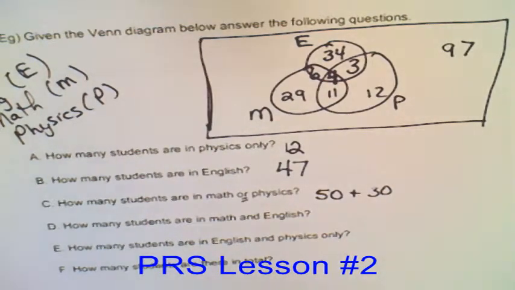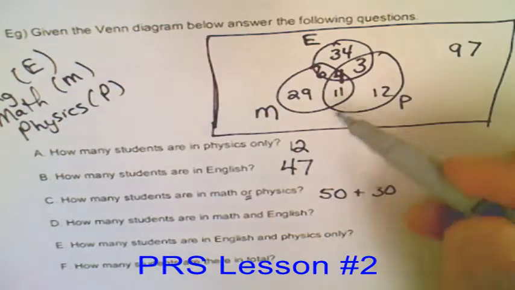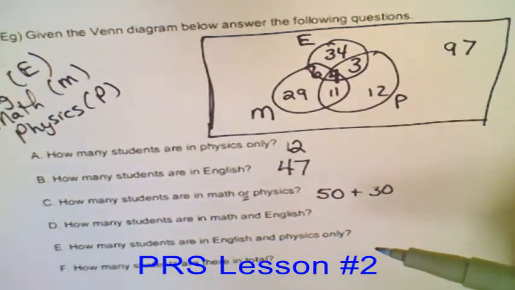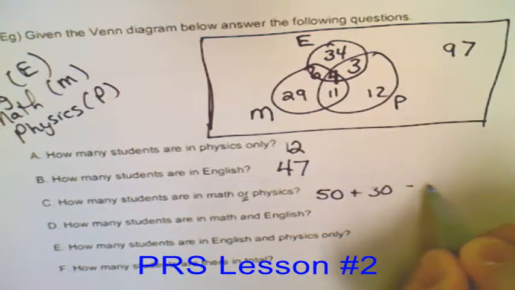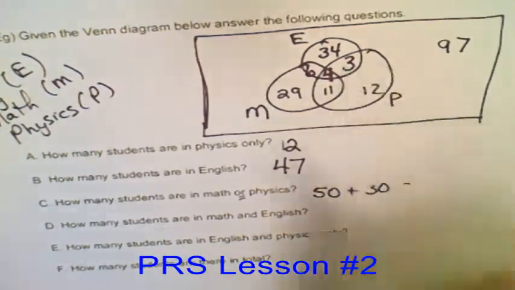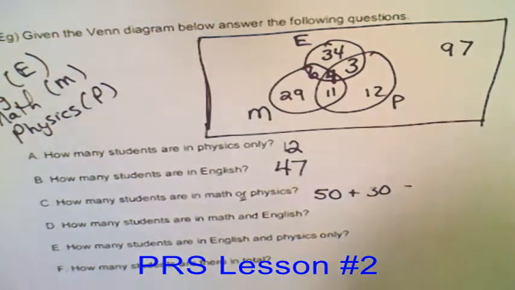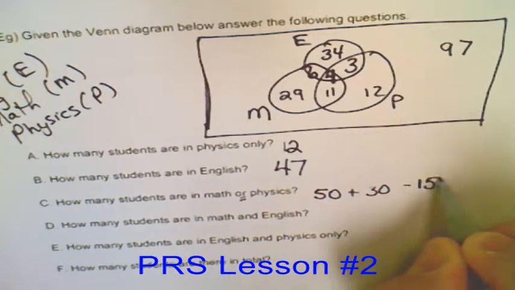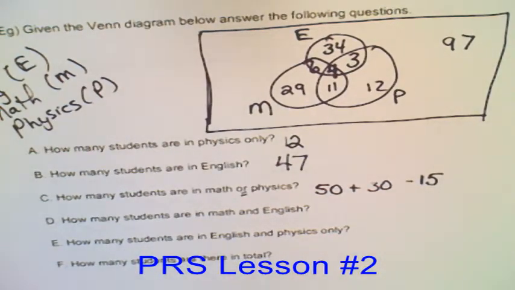How many are in math or physics? Well, I've got 29 just in math, plus this 11, 4, and 6. So 29 plus the 11 is 40, plus 4 and 6 is 50. So I've got 50 students in math. Or, okay, physics. Now keeping in mind, in physics I've got 12, the 11, the 4, and the 3. So you think, okay, I'm just going to add those together.